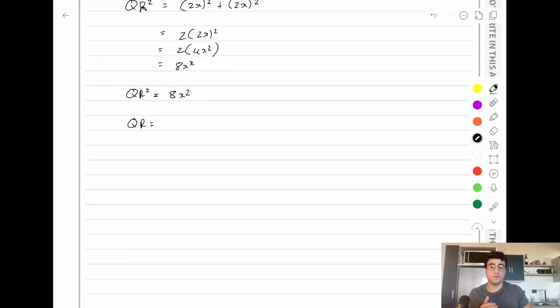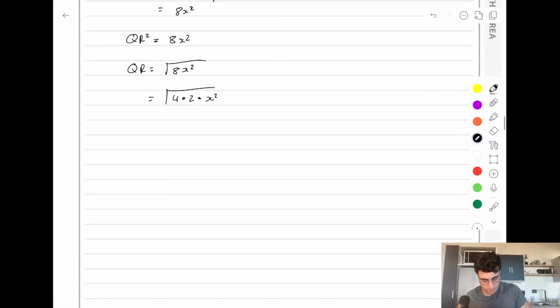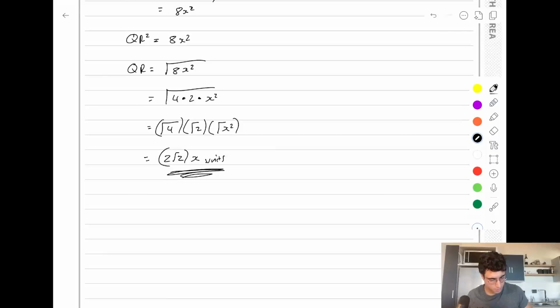So QR is going to equal the root of 8x squared, and that's going to equal the root of 4 times 2 times x squared, which equals 2 root 2 x units. So that's going to be the final answer.